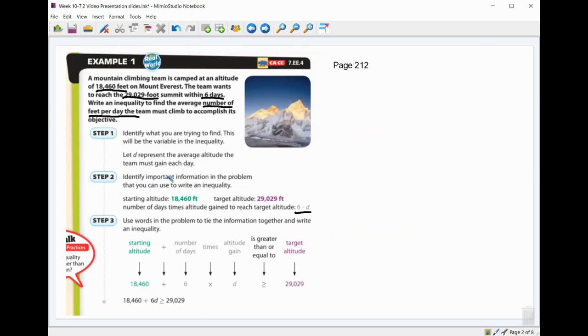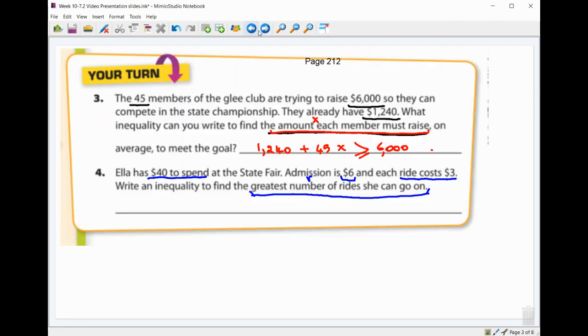Next, step two, we need to identify important information in the problem. We also covered that by annotating. Important information includes that Ella has $40 that she can spend. She does not have 41, not 42. She has exactly $40 to spend, so we have to stick to that. And she's going to want to spend it at the fair.